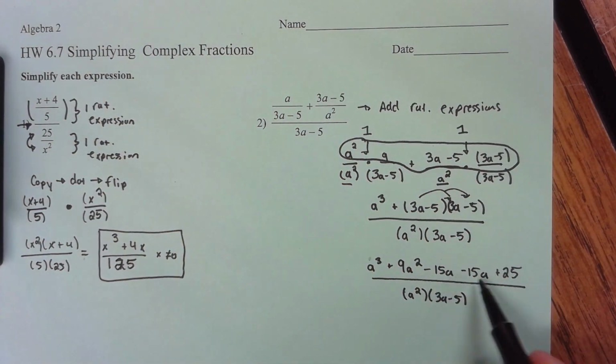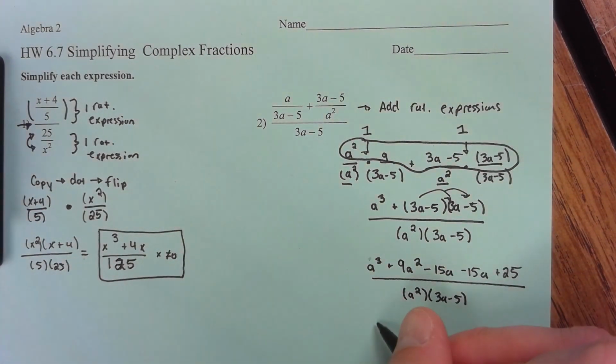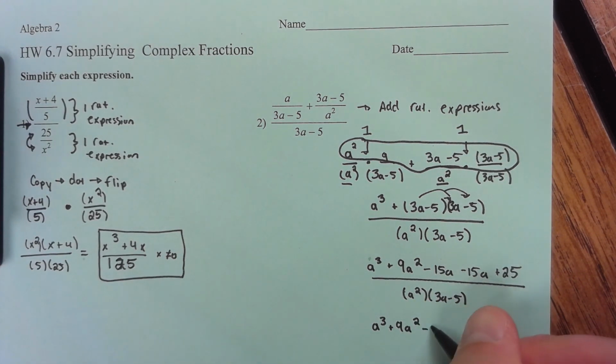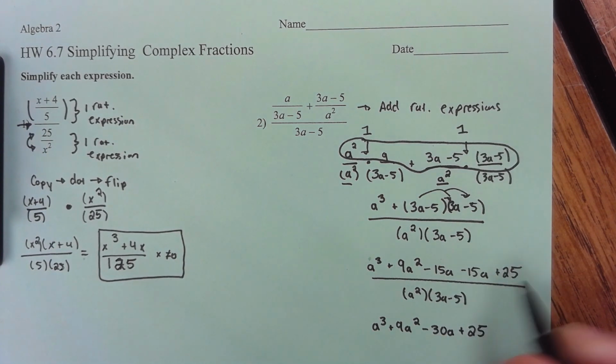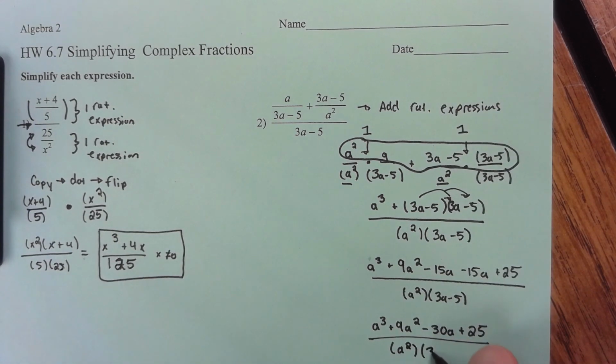I have a couple like terms in these negative 15a's. So now this is a cubed plus 9a squared minus 30a plus 25 over a squared 3a minus 5. Yuck!